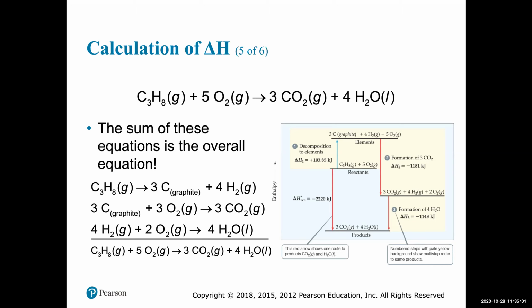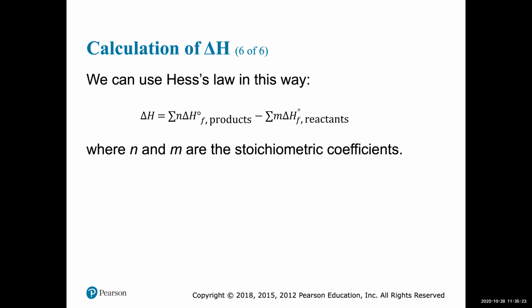We have 3 CO2s, and then we have 4 waters. So all of those individual reactions add up to give us this final reaction that we're interested in. What that means is we can use those delta H values for the individual reactions to find out what the delta H is for our final equation.